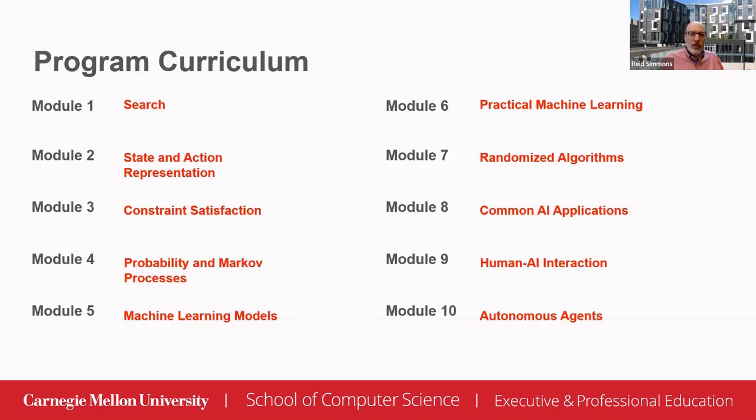We move on to probabilistic techniques, machine learning techniques, which are very much associated with statistics, and randomized algorithms, which are also statistical techniques. And then we finish with some applications of artificial intelligence that are both common and up and coming, including question answering systems, recommender systems, systems that interact explicitly with people, and systems that act autonomously in the environment.